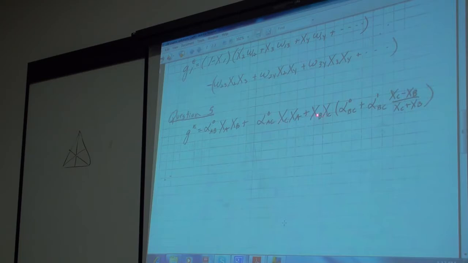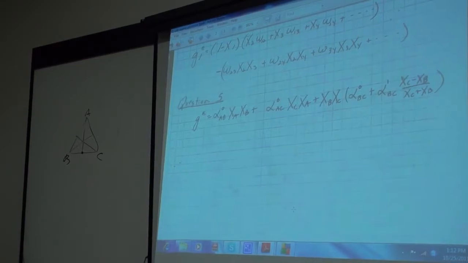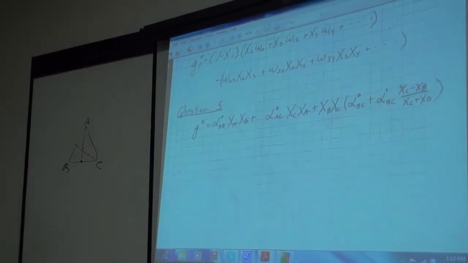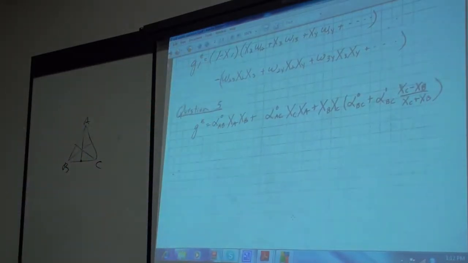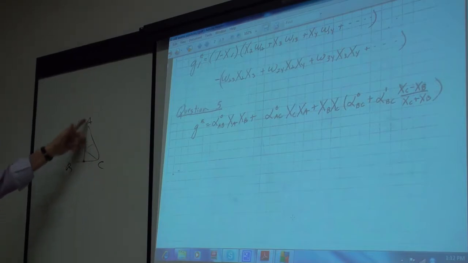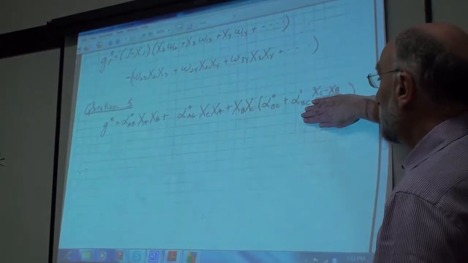The BC system is subregular, so it's alpha BC plus, based on this point here, alpha naught plus alpha prime BC, and this term has to be kept constant along this line. So XB plus XC is constant in the binary system, and then as you go along here, you're dividing by XB plus XC. The binary term is XC minus XB.